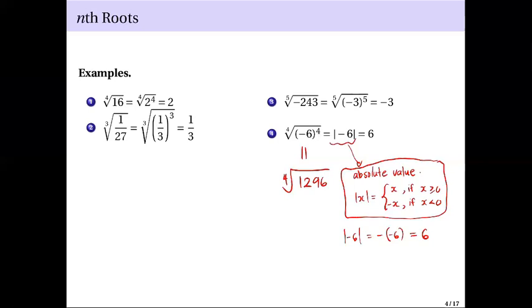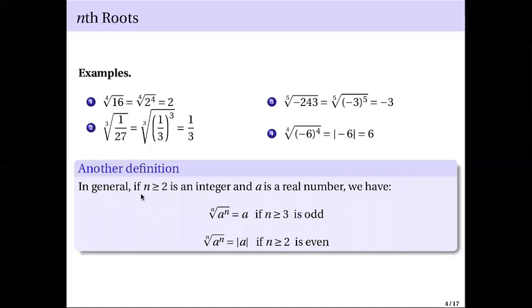Okay? If you have, say, absolute value of 3, since 3 is positive, we just use this guy. Okay? So this is just equal to x, which is just your 3. Understood? The absolute value. Okay?